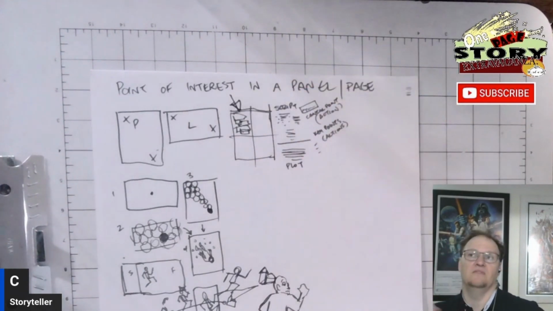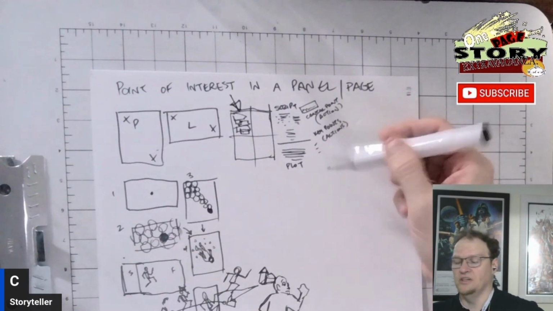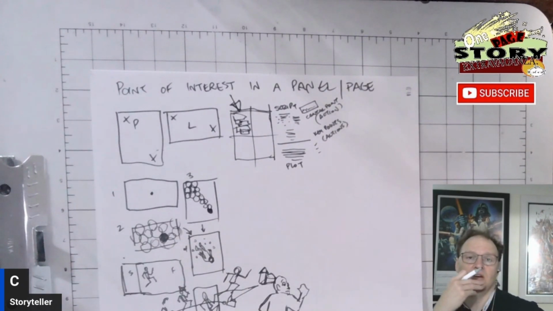So while you can have the mob doing all the things they're doing, in your storytelling you want to focus on what you're trying to convey to the reader, what's the more important scene that's happening. It's not just an entire page of a mob smashing a city apart.